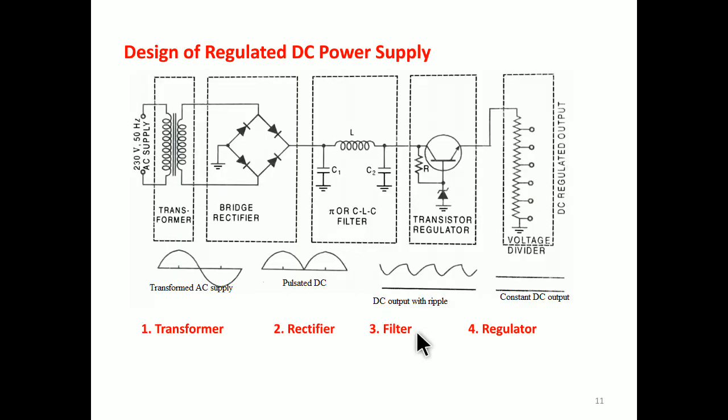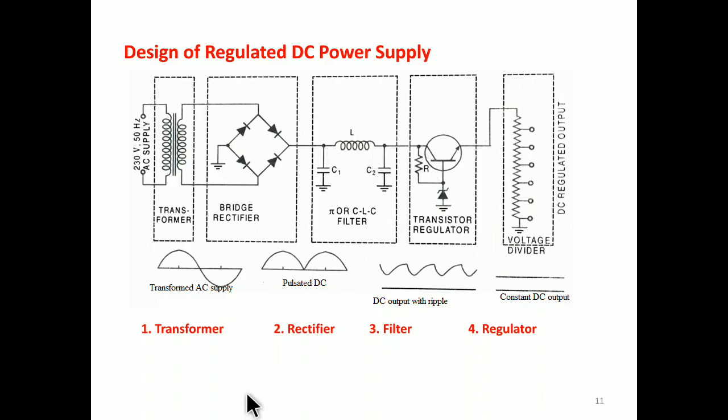So to design a regulated DC power supply, we have to take one transformer, one rectifier, one filter, and finally a regulator. All these things are considered and connected in this fashion. The output of the secondary of the transformer is connected to the rectifier, the rectifier output is connected to the filter, and the filter output is connected to the regulator.